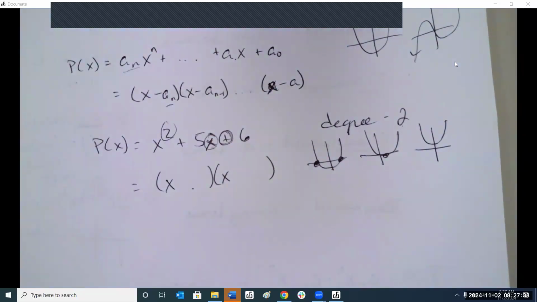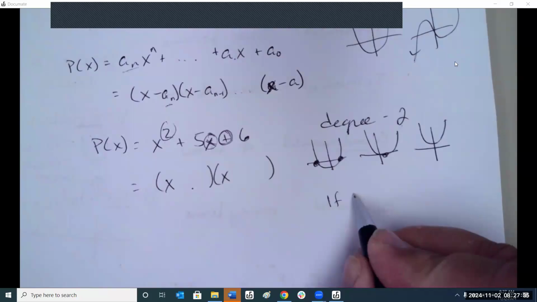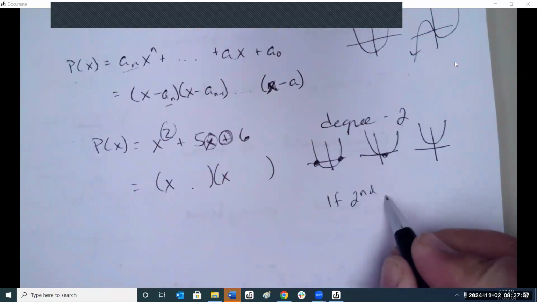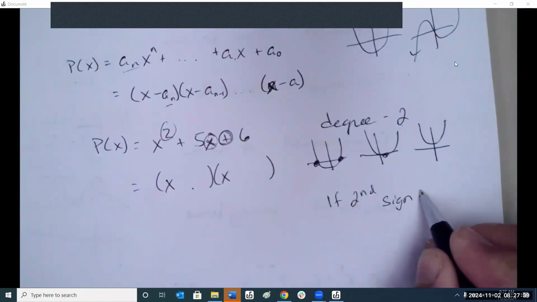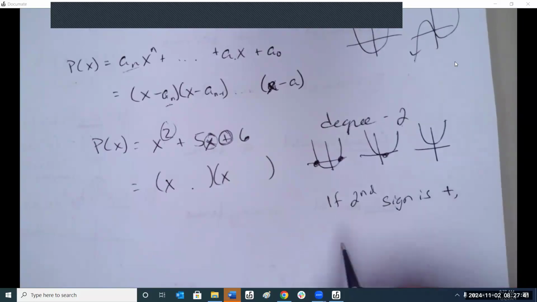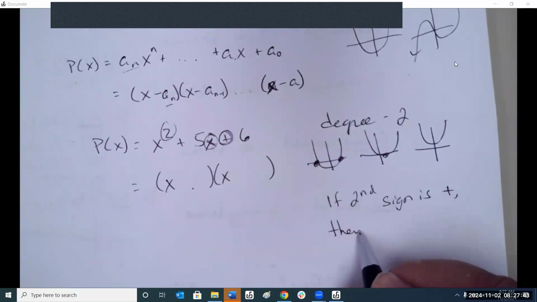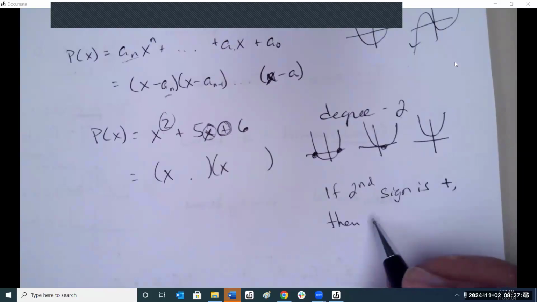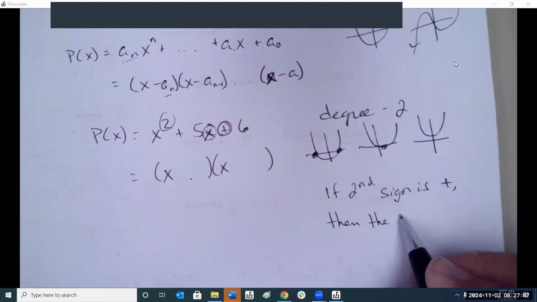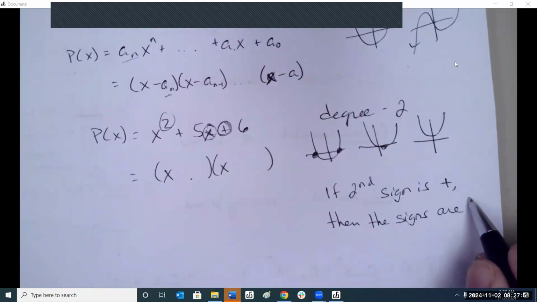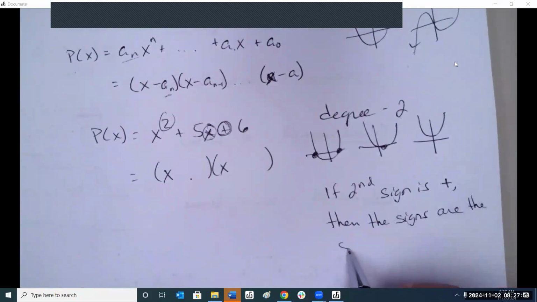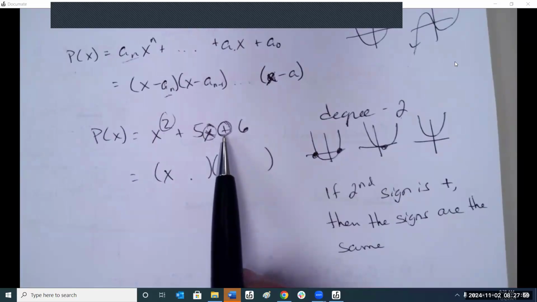If the second sign is positive, then the signs are the same.